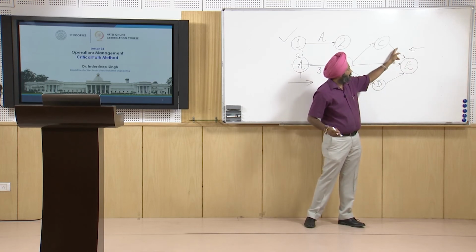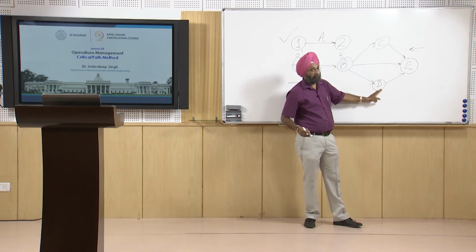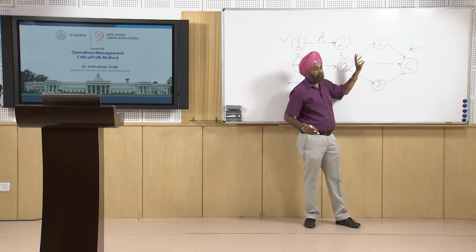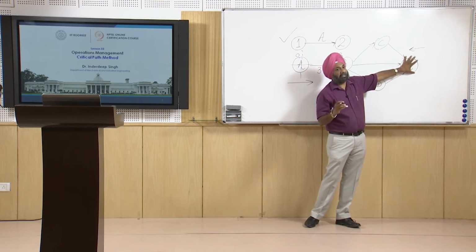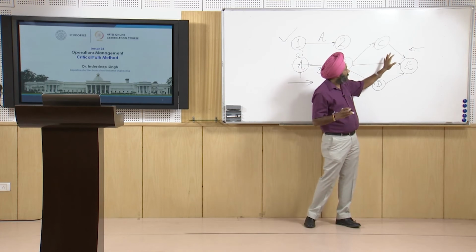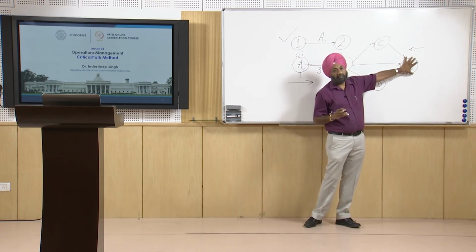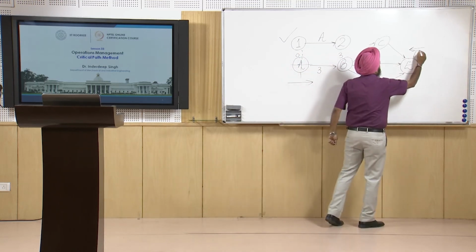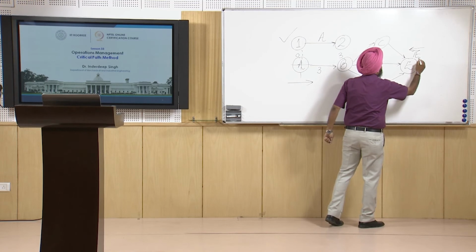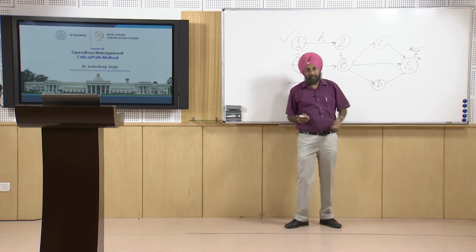There will be 3 times: the activity time for C will be added, for D will be added, and for B will be added. So which time will we select here? For TE, we will take the maximum time coming from the 3 nodes, whichever is the maximum, that time will be taken here. So for calculation of TE at event E, we will take the maximum of the 3 arrows.